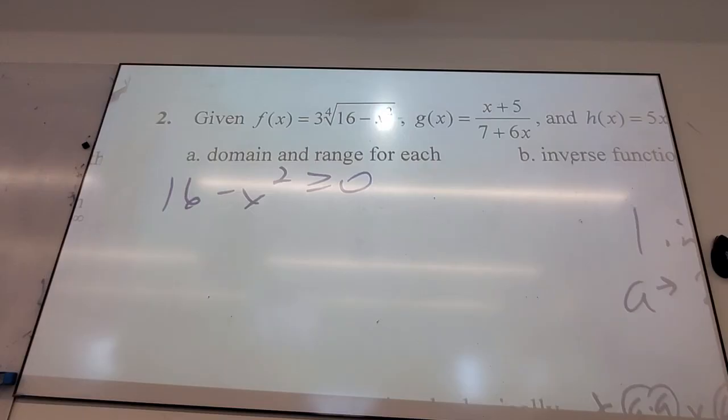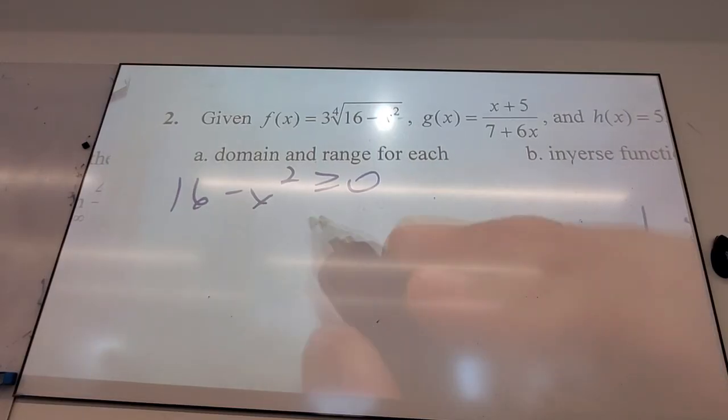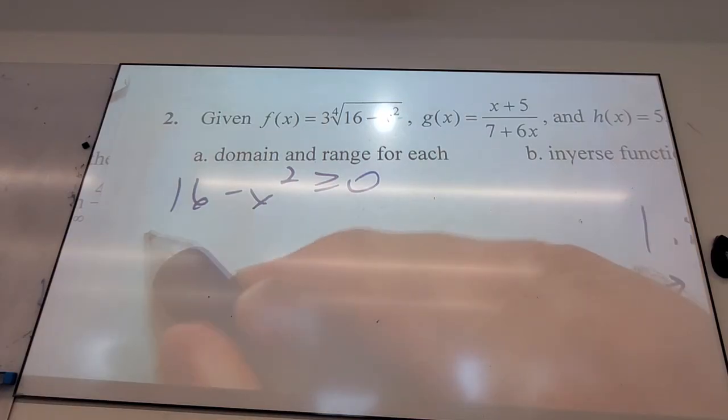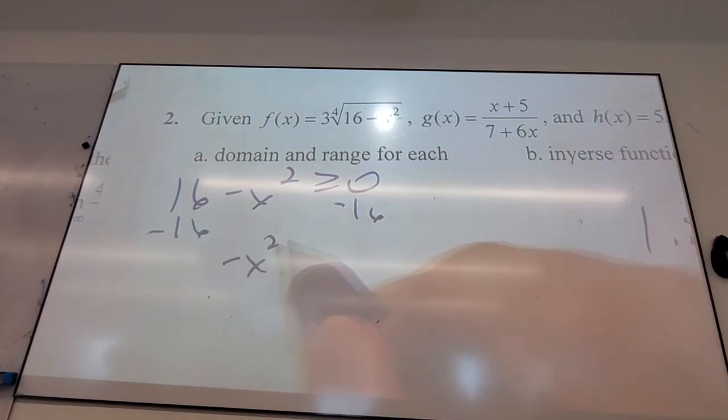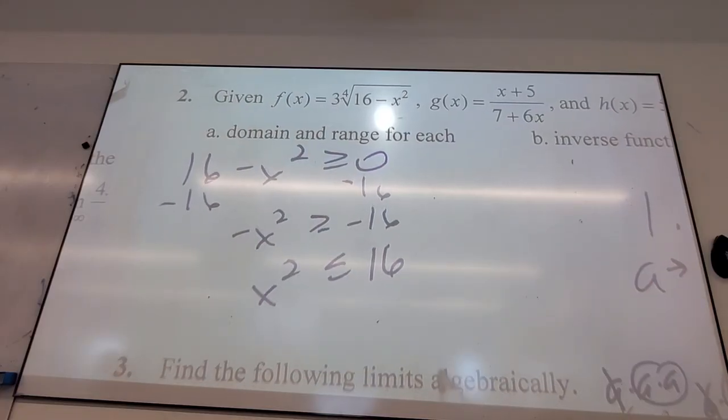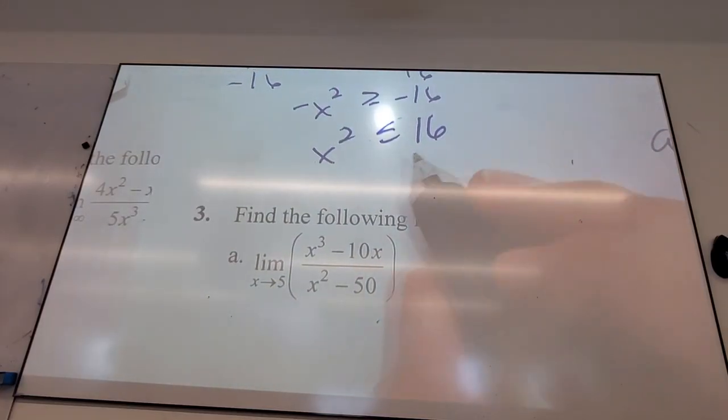If I subtract 16 and then divide by a negative, I get x squared is less than or equal to 16, yes? Take a square root, and you have to be careful about something.